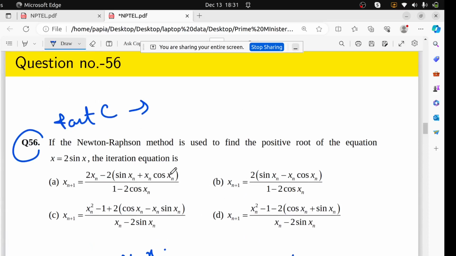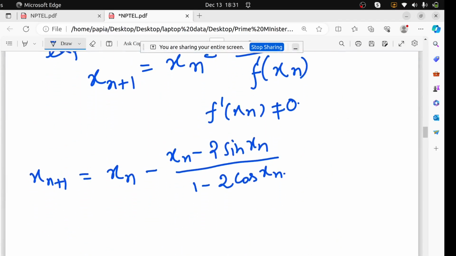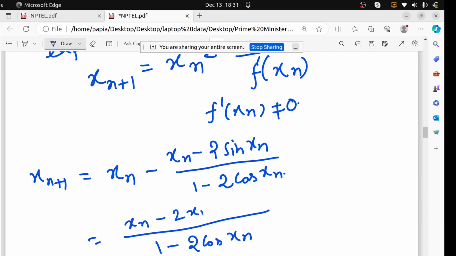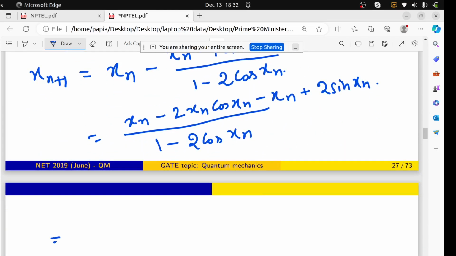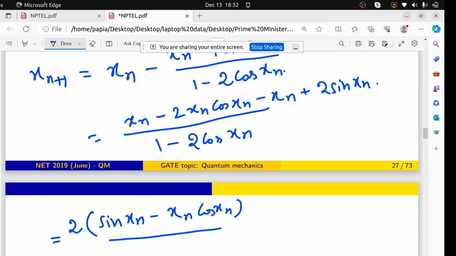Now there is a little bit of solution, so we are going to solve that one. 1 minus 2 cos x n. Now we can see x n minus 2 x n cos x n minus x n plus 2 sin x n. x n will cancel out. Then what will be the answer? 2 sin x n minus x n cos x n by 1 minus 2 cos x n.